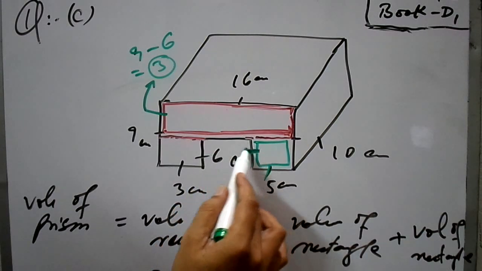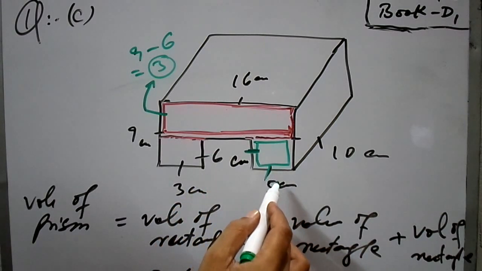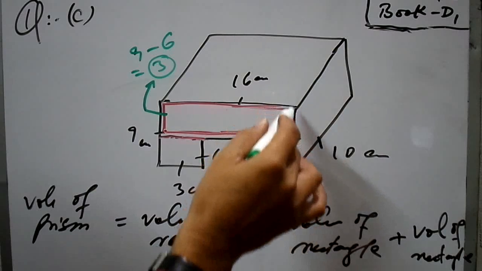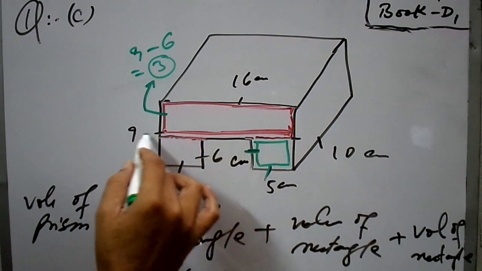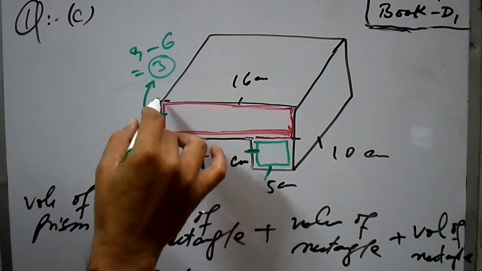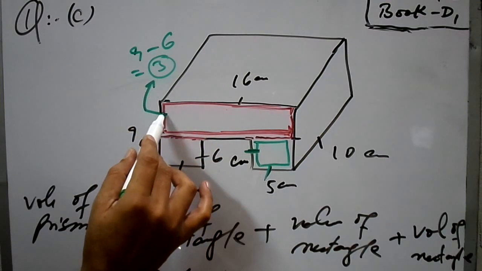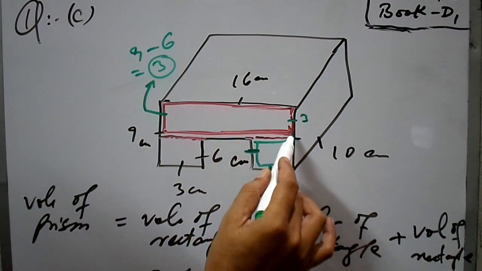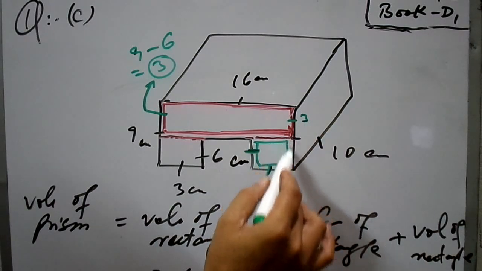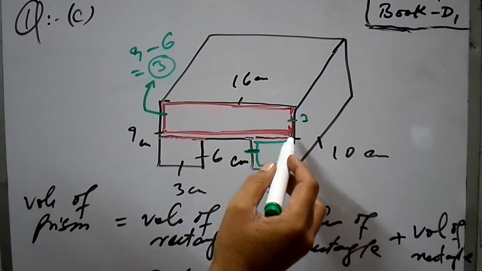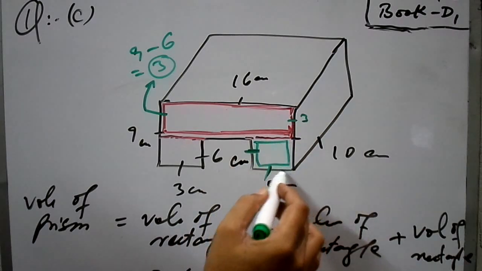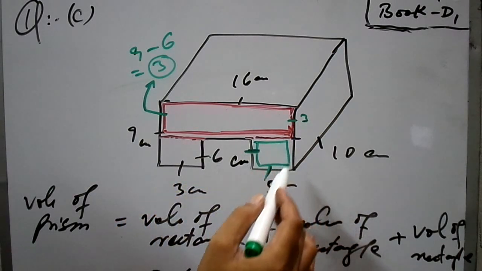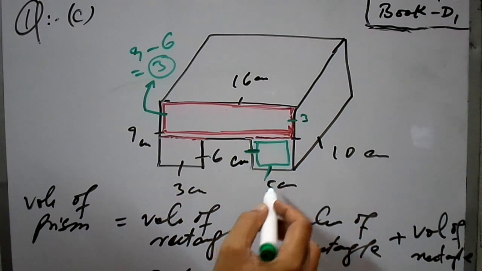The same height is also here, and the height is how much? That is 9. Up to here the total length is 9, so here you have a 3, so that height is also 3, and this one is your how much? That is approximately the same height, that is 6, 6, 5, and the length is 10.